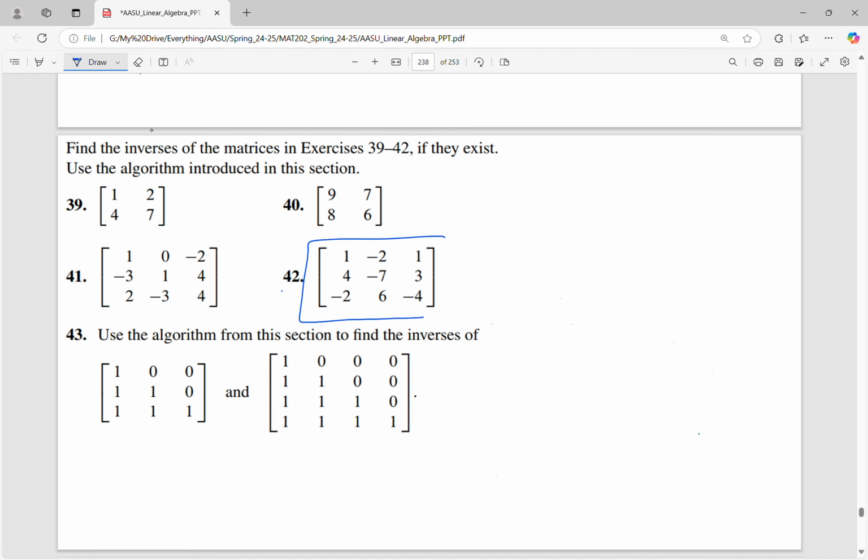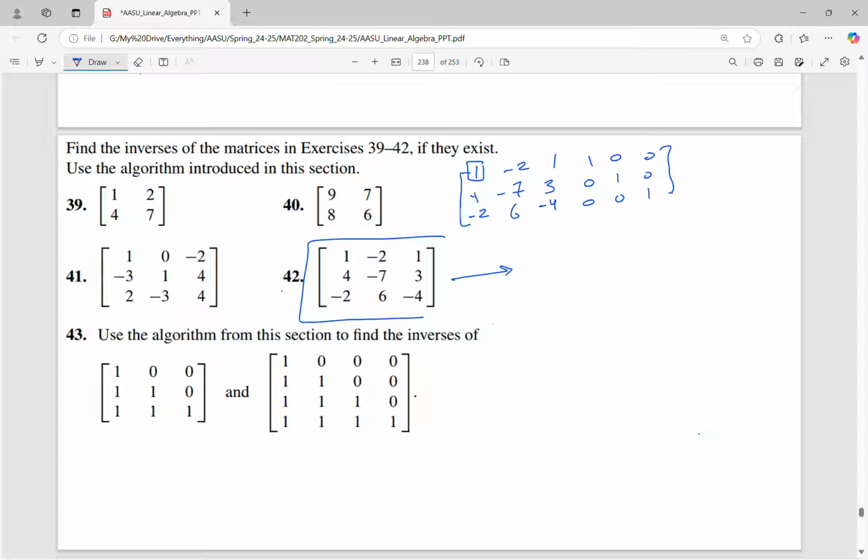For example, this one, I have the matrix 1, negative 2, 1, 4, negative 7, 3, minus 2, 6, minus 4, augmented with the identity, and start the reduction. So the first row operation, I have 1.